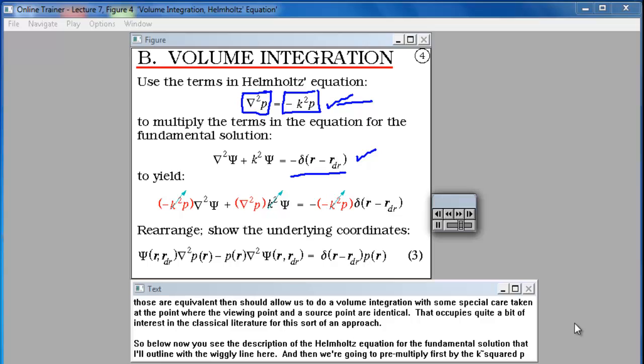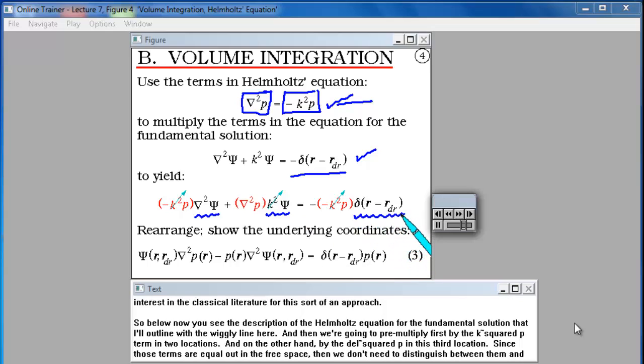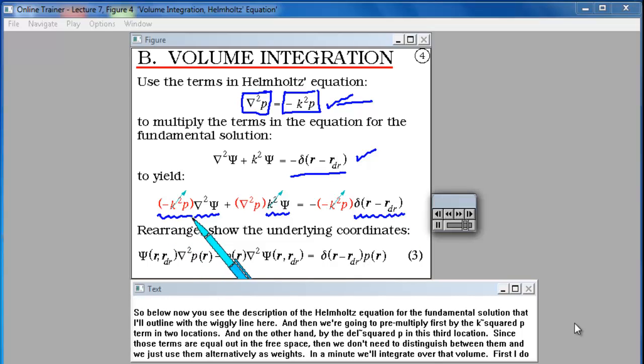So below now you see the description of the Helmholtz equation for the fundamental solution that I'll outline with the wiggly line here. And then we're going to pre-multiply first by the k squared p term in two locations, and on the other hand by the del squared p in this third location.